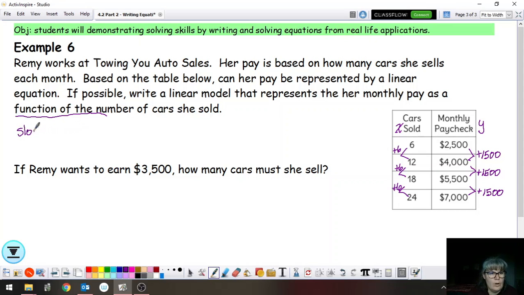So our slope, or our rate of change, $1,500 for every 6 cars she sells, which breaks down to $250 per car she sells. Again, the table doesn't tell us what the y-intercept is, what her base pay is before she sells any cars.